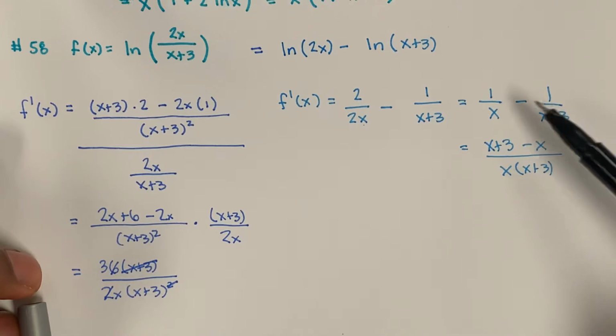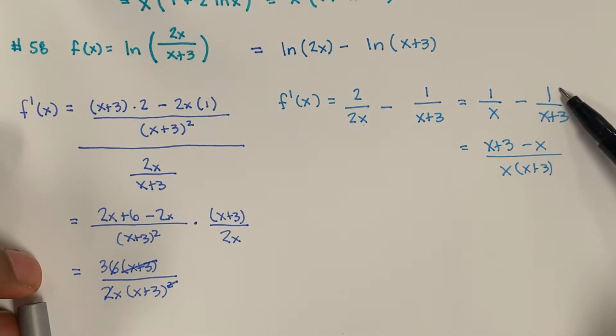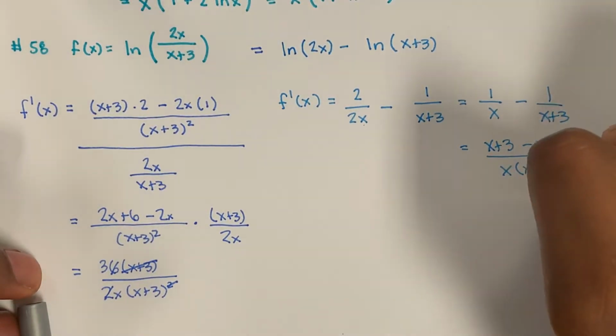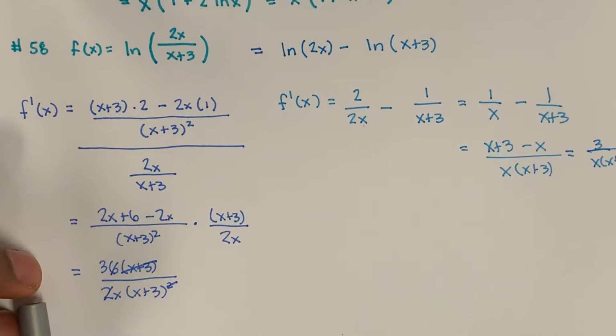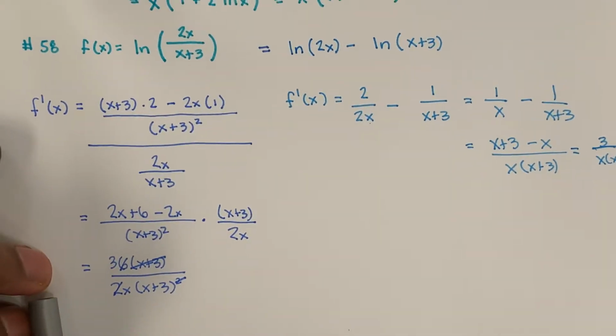And here, if we get a common denominator of x times x plus 3, you effectively multiply this by x plus 3, you multiply that by x, so we get x plus 3 minus x over that product, and that simplifies to be 3 over x times x plus 3. Oh, still out of frame. Zoom out just a bit.